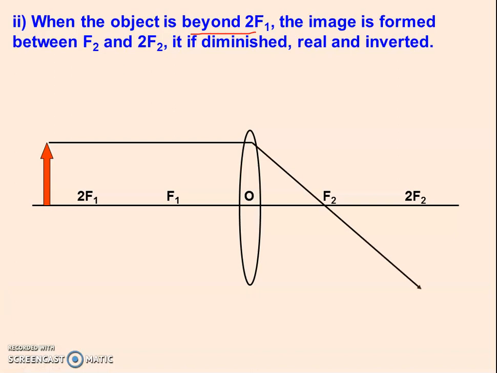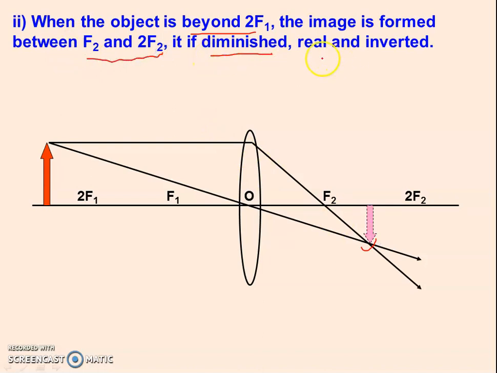It will pass through the focal point. Second, it passes through its optical center. Now two rays meet at this point, so the image will be formed between F and 2F, and it is a diminished image, real and inverted, right?